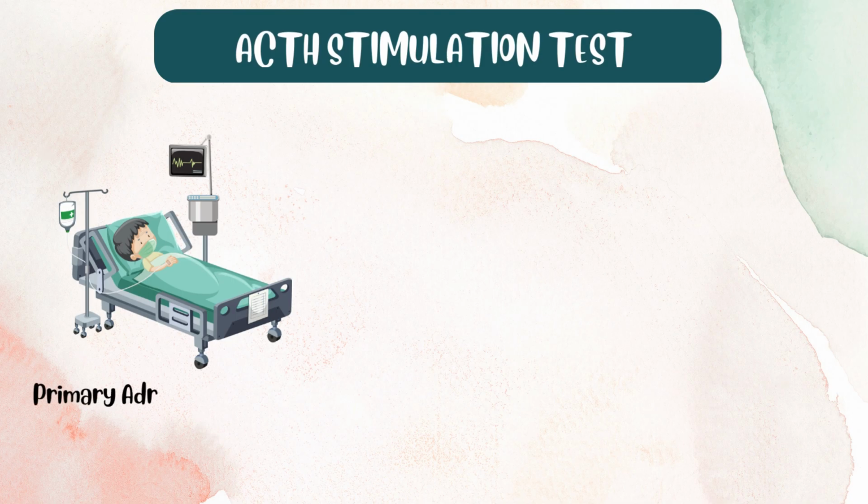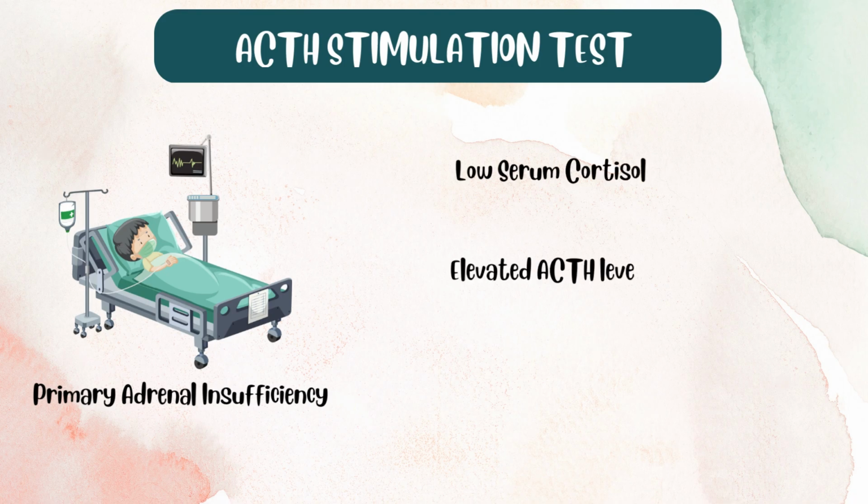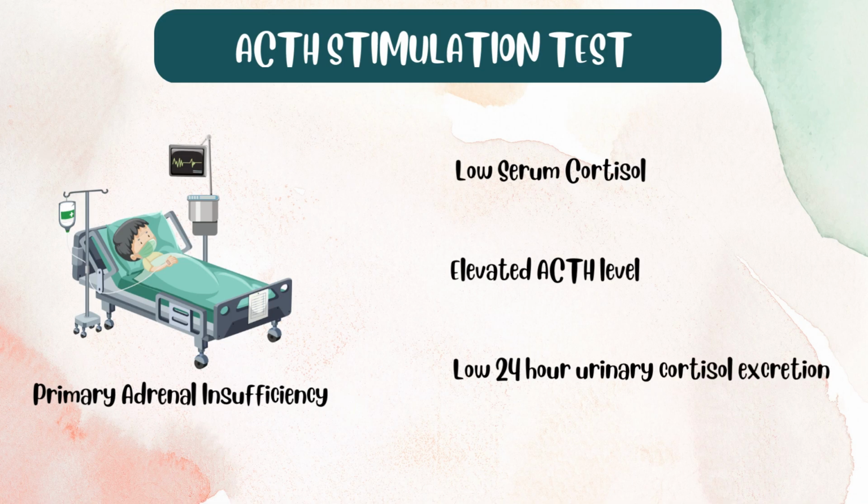In patients with primary adrenal insufficiency, serum cortisol is low in the setting of elevated adrenocorticotropic hormone levels. Furthermore, the 24-hour urinary cortisol excretion is low in patients with adrenal insufficiency.